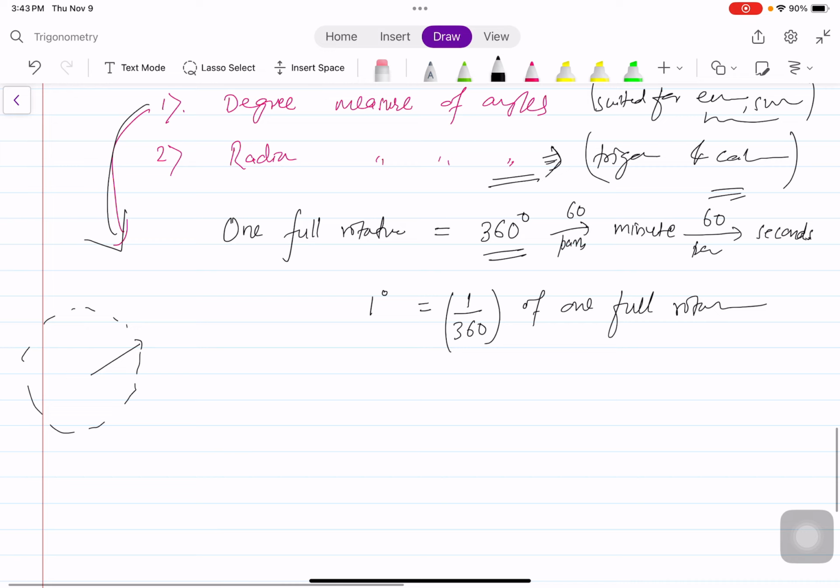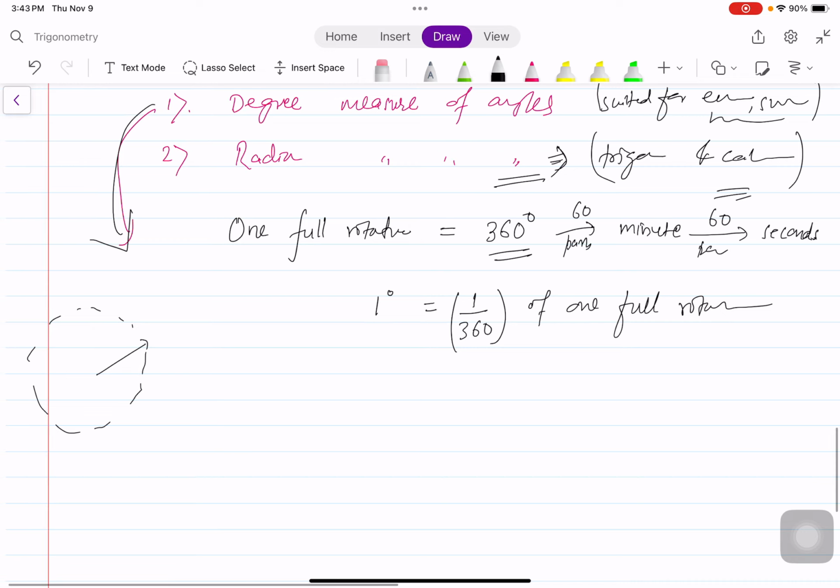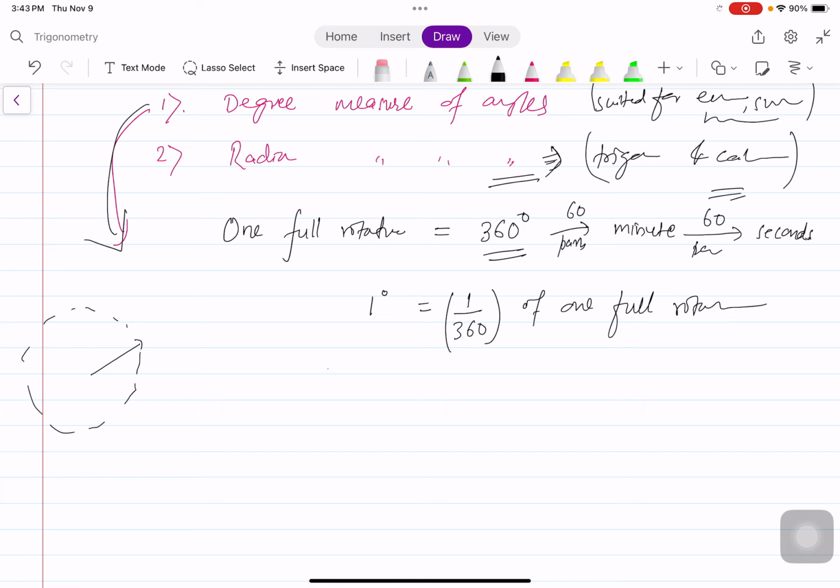So if we try to write the conversion formulas for this: 1 minute equals 1 over 60 degree, which in mathematical notation is written in this form.